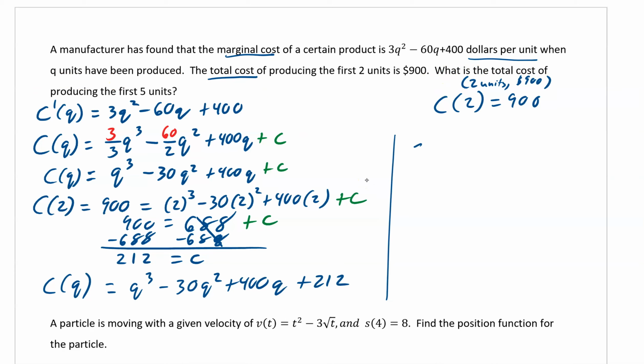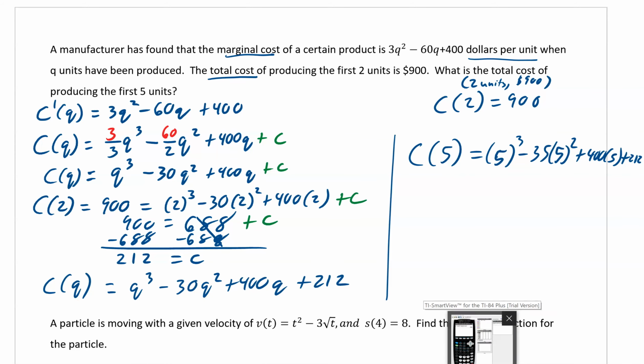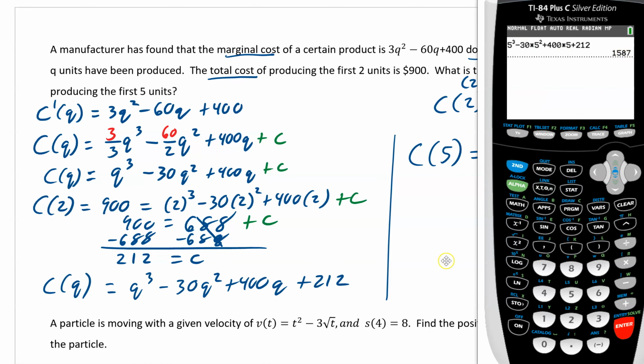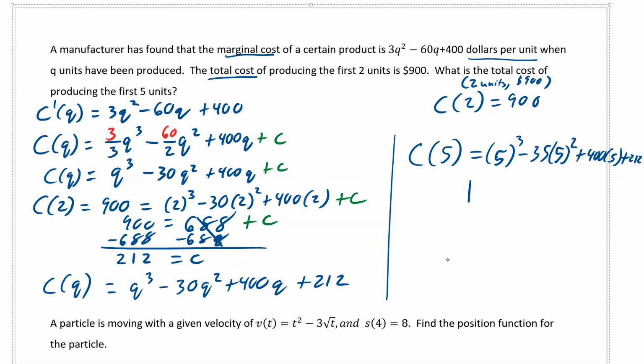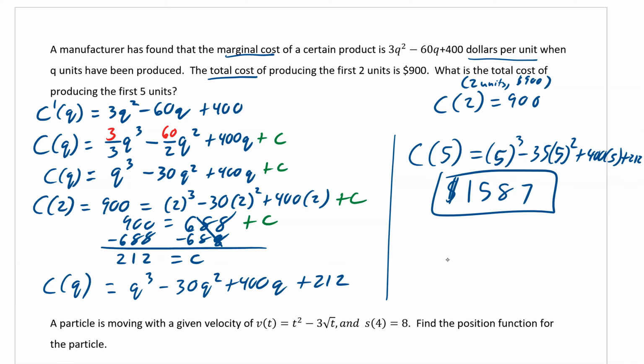If we take our function and plug in 5, it'll tell us the total cost of producing the first 5 units. And that gives us $1,587. So $1,587 is the cost for the first 5 units. All right, so by using the antiderivative and a point, we're allowed to find the actual cost function and then work backwards.